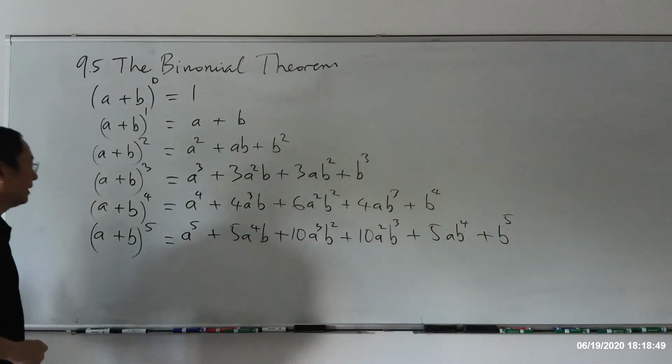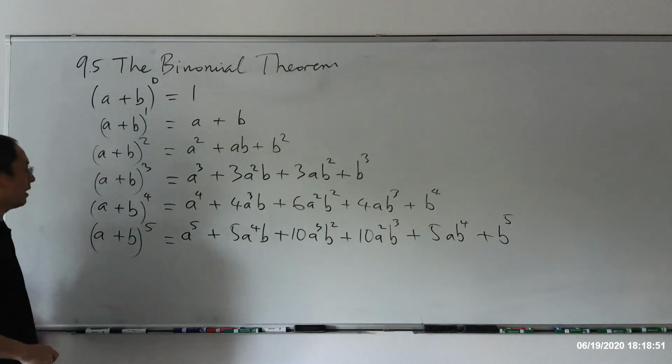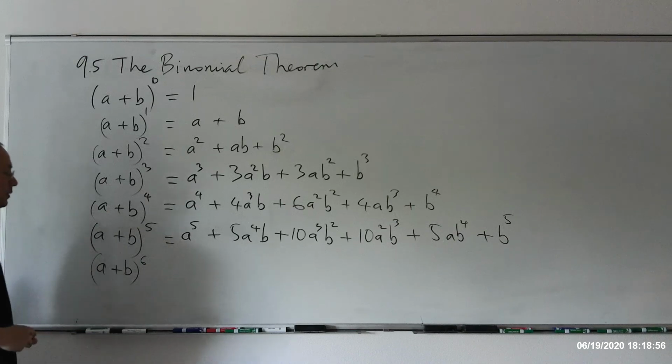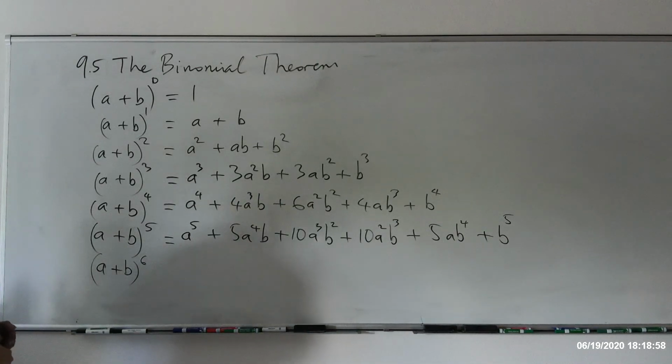Alright, with that much information on the board, is there any way you can figure out a plus b to the 6th? So what are the rules? What is the pattern? That was the question.